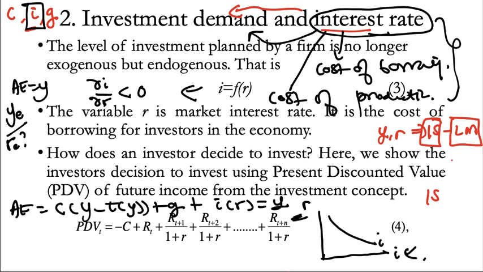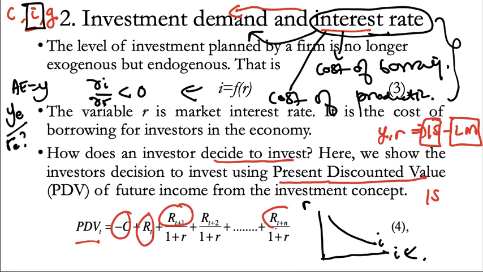Alright, now, let's continue with our investment demand. All of these, you deflate to get the present value, present discounted value. And this cost of investment here is not referring to the interest rate.